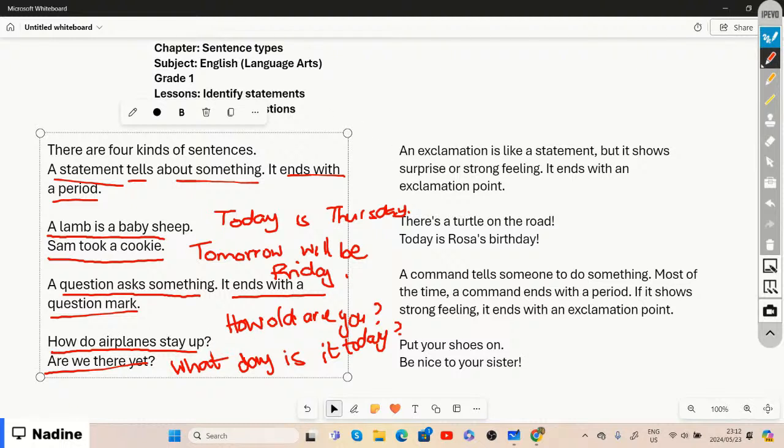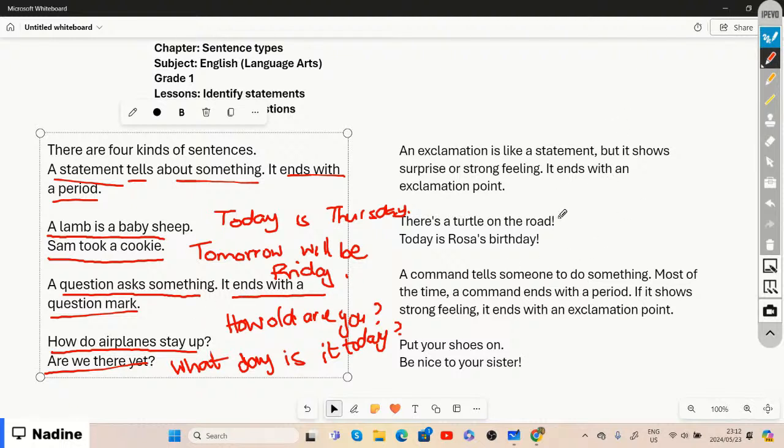And then we have an exclamation sentence, which is like a statement. All right.